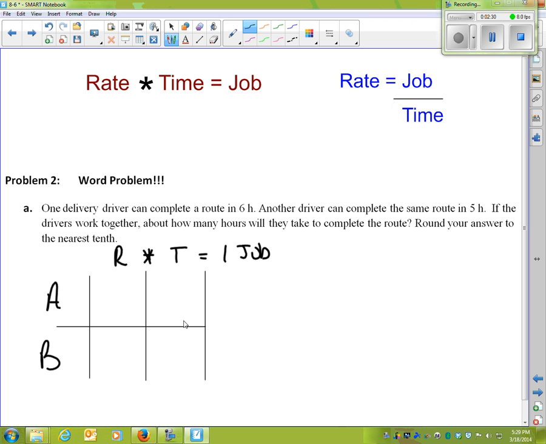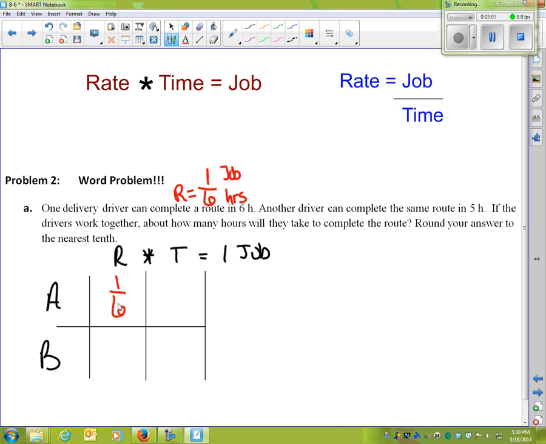All right, for driver A, I have the rate is the number of jobs they did in the time they did it. Well, my first driver can complete a route, 1 route, in 6 hours. 1 job in 6 hours. His rate is equal to 1 over 6. So I'm going to put that in my first box.